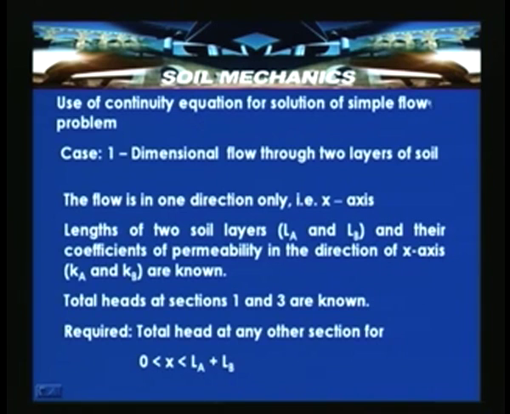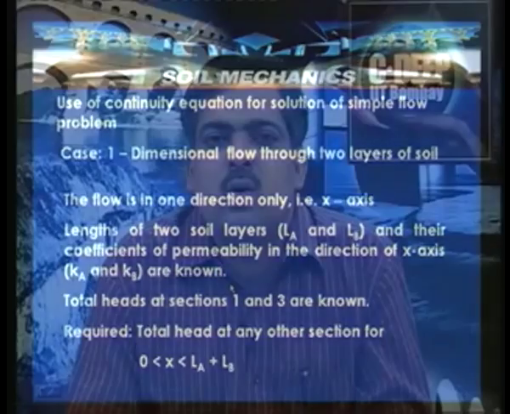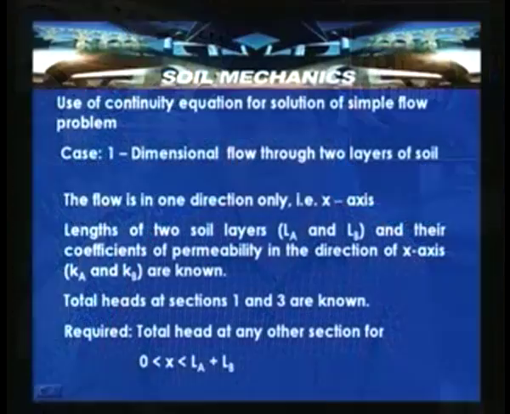So, use of the continuity equation for the solution of simple flow problems: one dimensional flow through two layers of soil. The flow is in one direction only, along the x axis. The lengths of the two soil layers, LA and LB, and their Darcy coefficients of permeability in the x direction, Ka and Kb, are known. The total heads at sections 1 and 3 are also known.